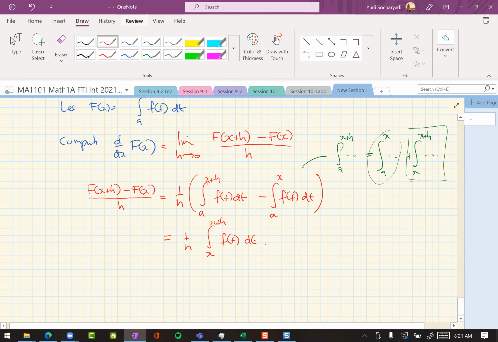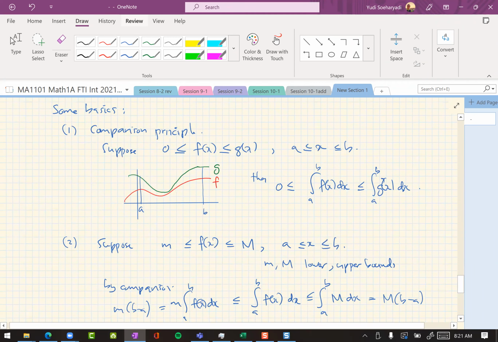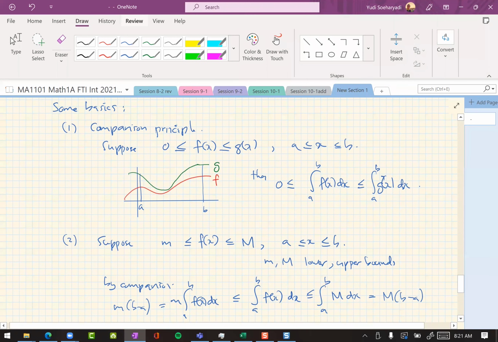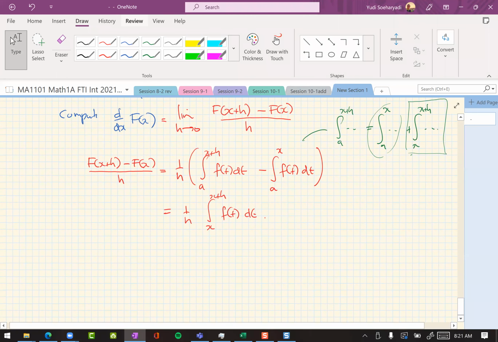What is this actually? Now, since f is continuous, it is bounded, so it has a maximum and minimum, upper and lower bounds. f is continuous on these intervals.